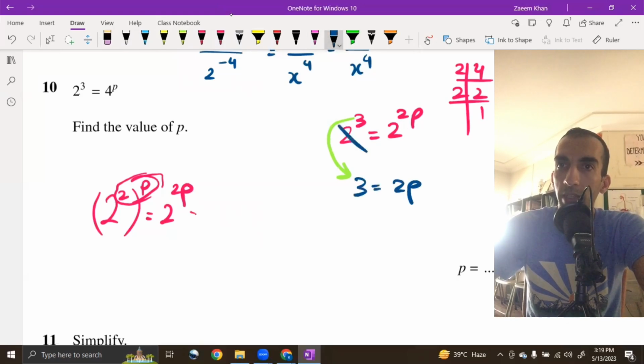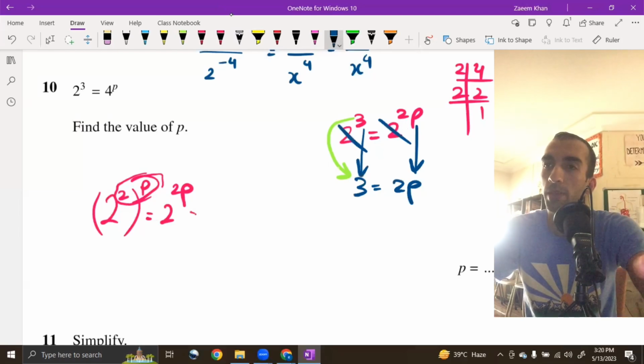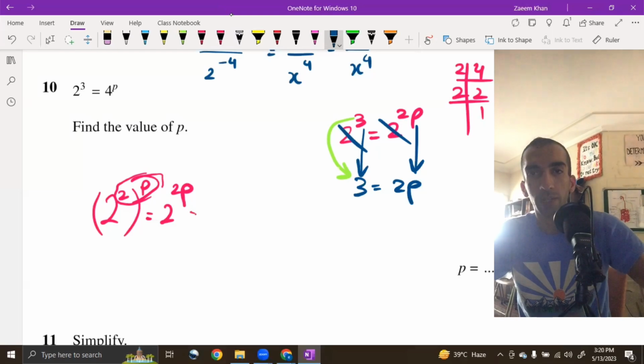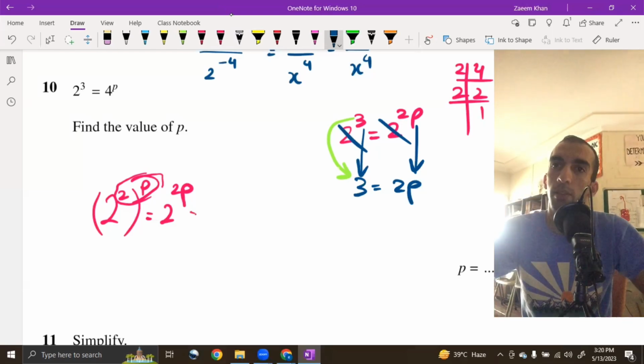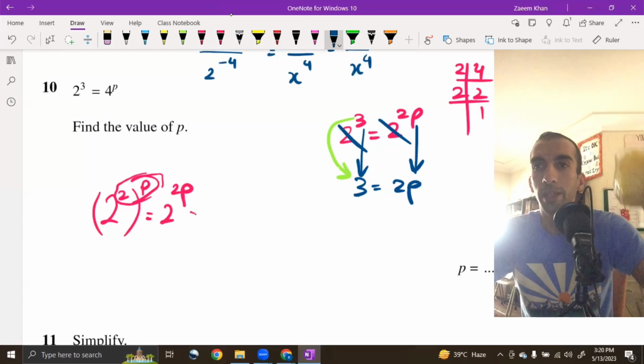What I've essentially done is cut down both 2s and dropped the powers: 3 over here, 2p over here. Does that make sense? Yeah. That's another rule. You can simply cut down the bases and drop the powers in place of the bases and equate them. How can I solve for p now?